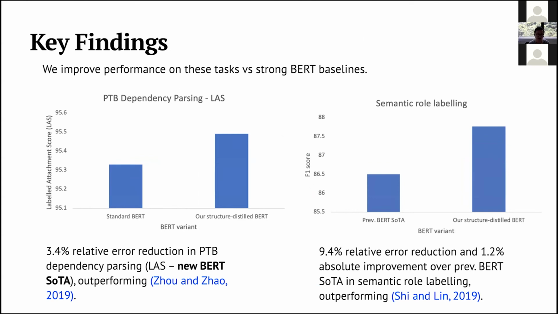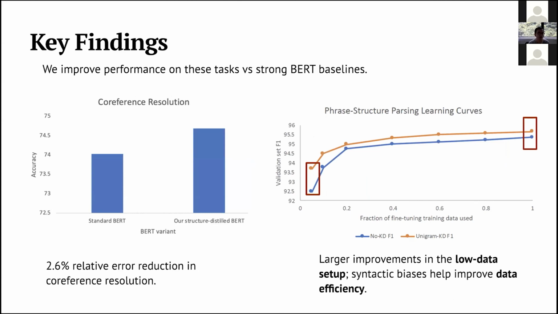It achieves almost 10% relative error reduction and reaches the new state of the art. We also try that in coreference resolution, and it's actually the same story here. We achieve 2.6% relative error reduction. And we find that in the low data setup, the syntactic bias helps to improve data efficiency.